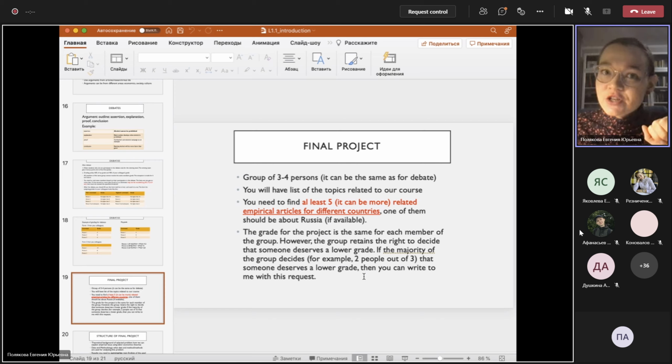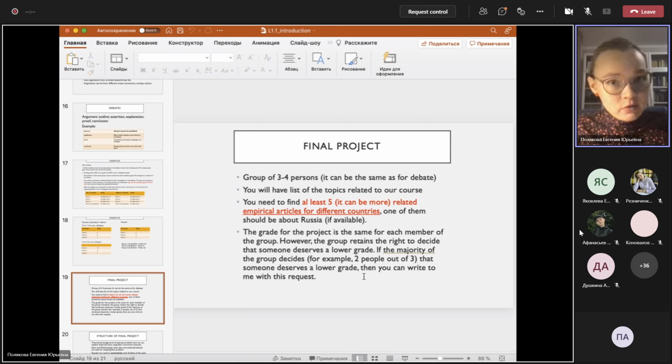If you decide that in your group you have a free rider, if the majority of you, for instance, you have a group of 3 people and 2 of them decide that the other person does not work, you can write me with your arguments why 1 person in your group deserves a low grade. And then, based on your arguments, there can be a deduction of points from this free rider member of your group.